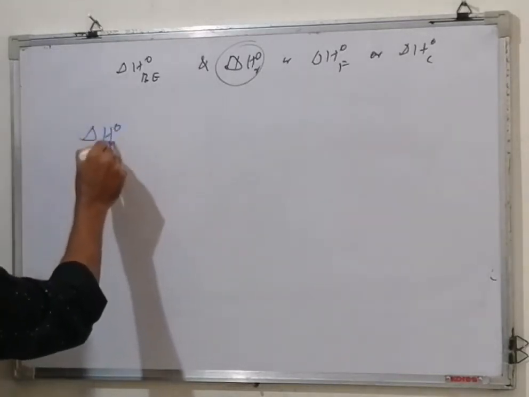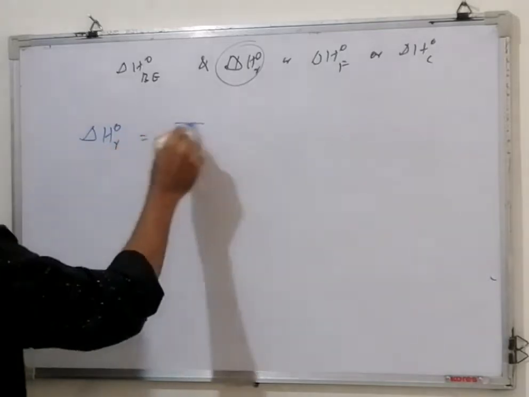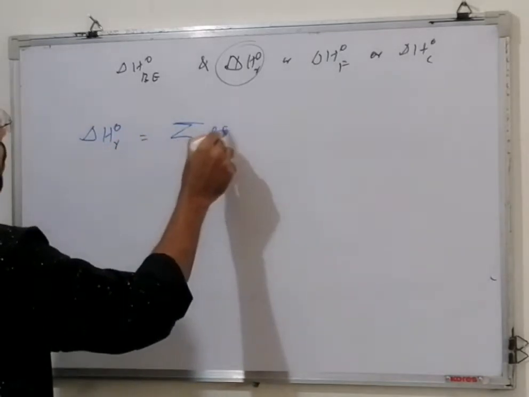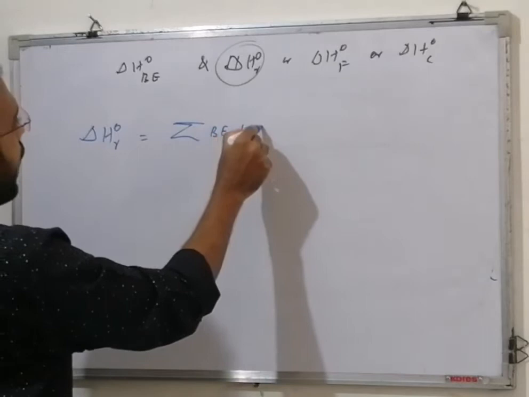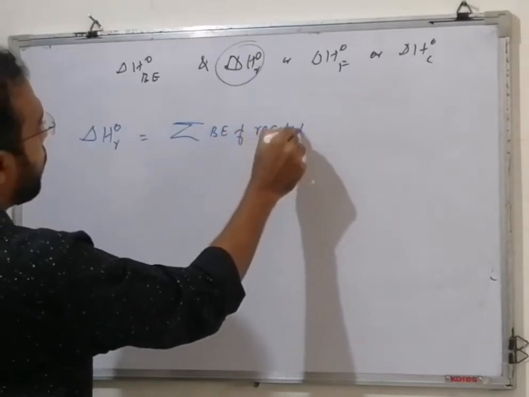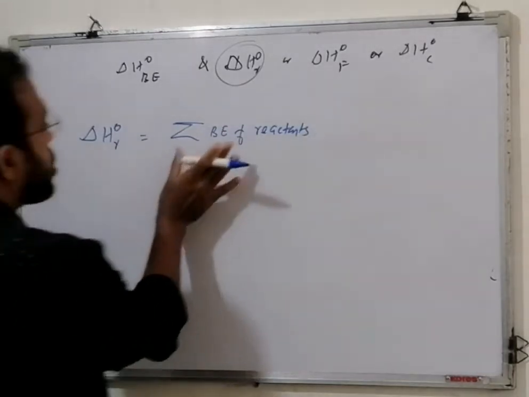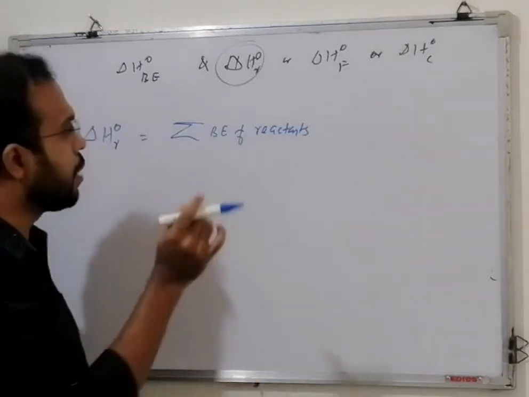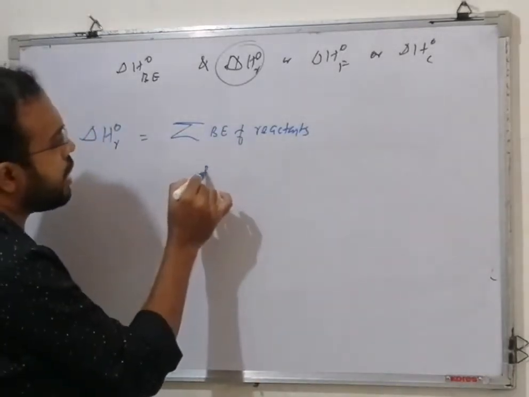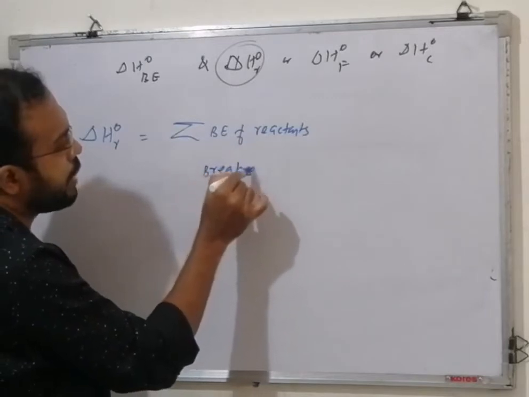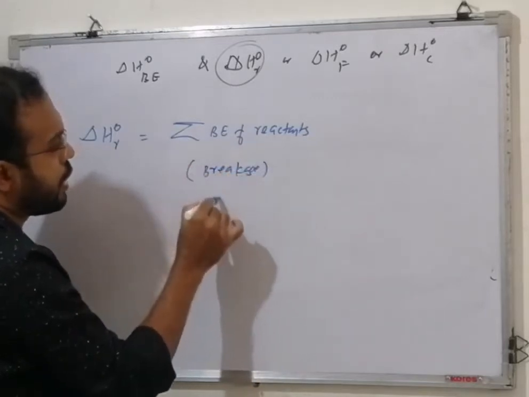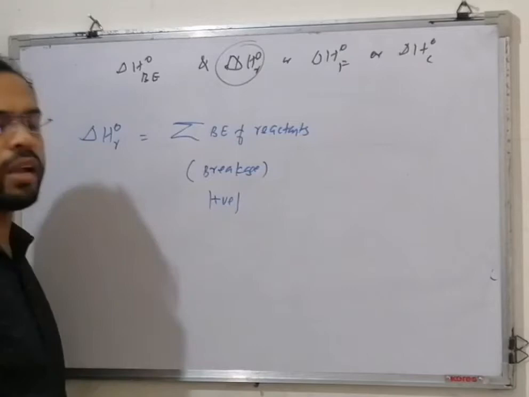Here delta H0 reaction is equal to the summation of bond enthalpies of reactants. Because in the case of reactants, the breakage happens. That value will always be positive.